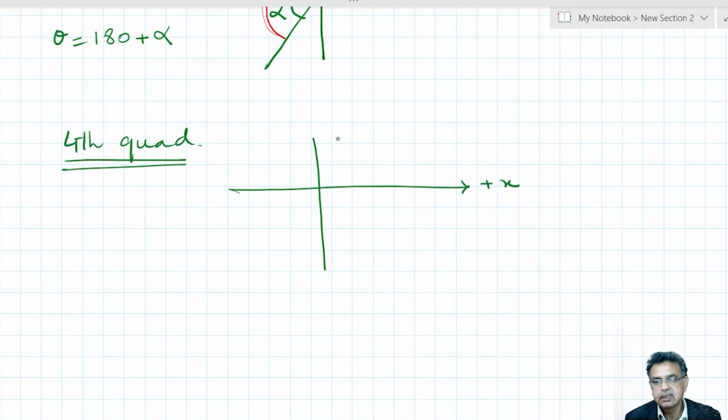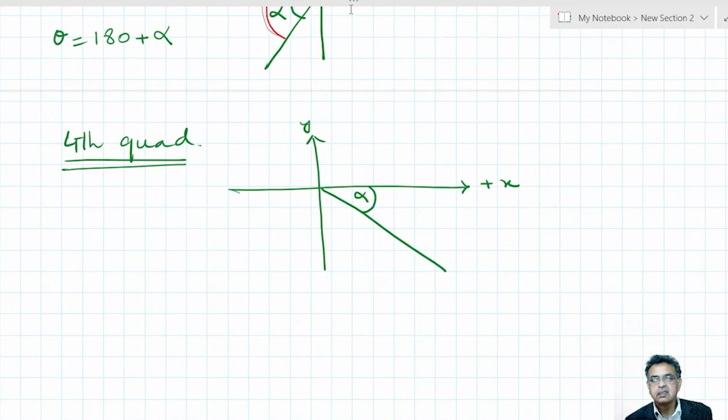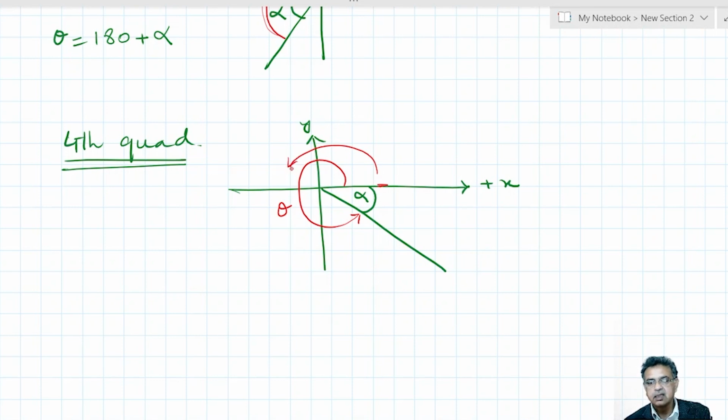This is the positive x-axis, y-axis, the line is here, then this angle must be its reference angle, and its theta is now from here till here. This is theta. You can see this is anti-clockwise starting from the positive x-axis until the line drawn in the fourth quadrant.